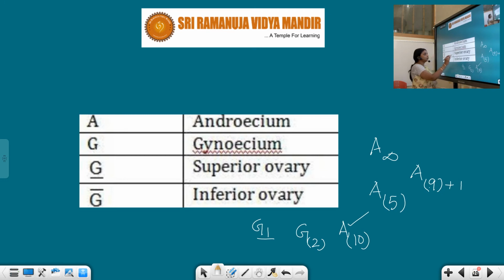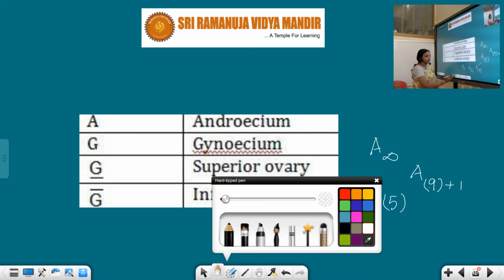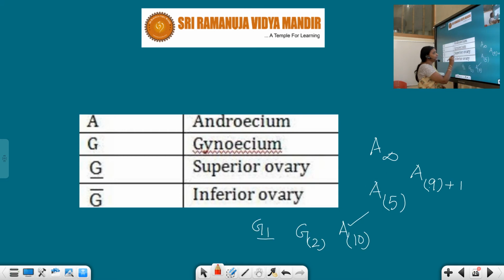And you also have to show the ovary position: superior ovary in hypogynous flower, inferior in epigynous, and in perigynous it is half superior, or you can say half inferior. The position of the ovary can also be shown here.